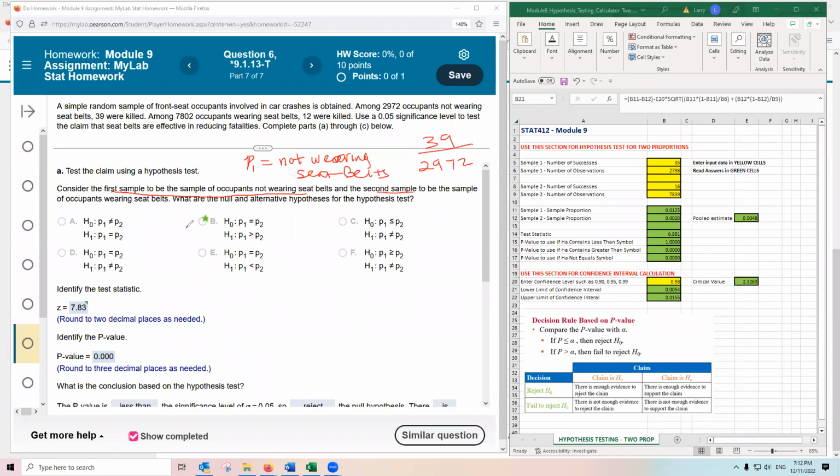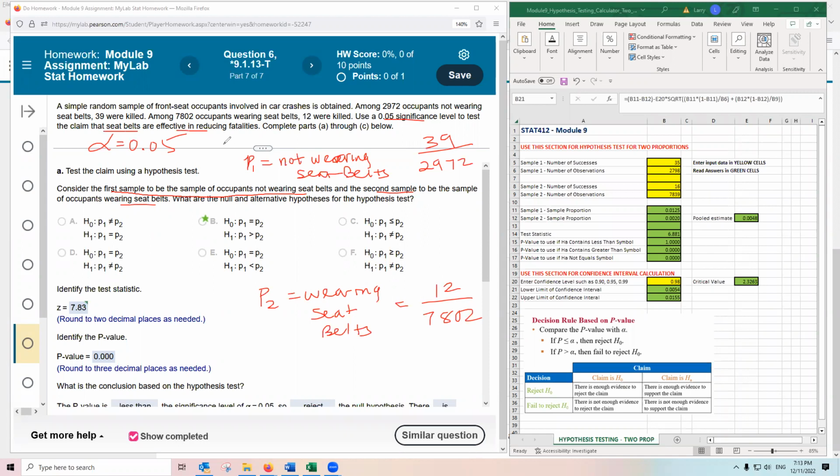The second sample is going to be the people wearing seatbelts. So P2 is those wearing seatbelts, and for that, they're telling us 12 were killed out of 7,802. Use alpha equal 0.05 to test the claim that seatbelts are effective in reducing fatalities.